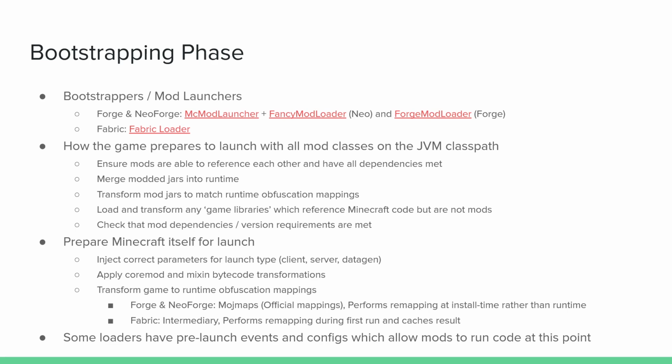And on Fabric, at runtime, it transforms to Intermediary, which is Fabric's intermediary mapping system. And it does that at runtime on the first run, but then saves the result. And some loaders also have pre-launch events and configs, which means you can run code during the bootstrapping phase, but it's not used very often because it's so low level, and most mods don't need anything to do with that.